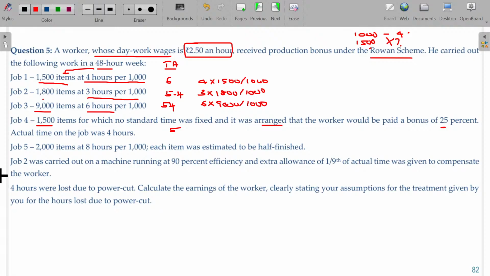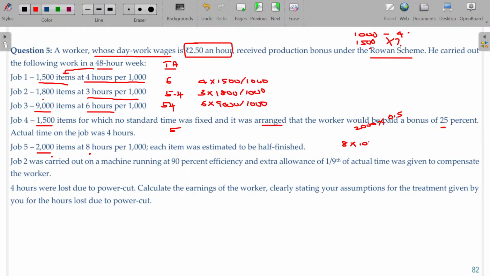Job 5. 2000 items at 8 hours per 1000. Each item was estimated to be half finished. In this case, 8 hours needed for every 1000 units. Though the actual production is 2000, all the units are produced only at 50% level.